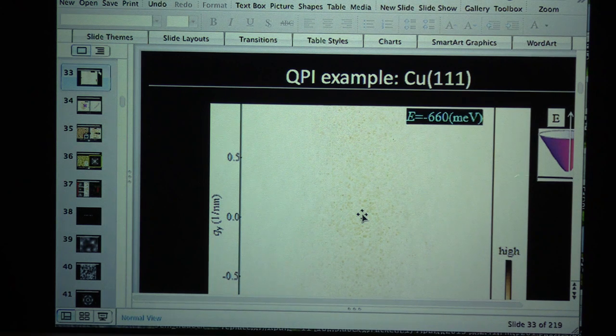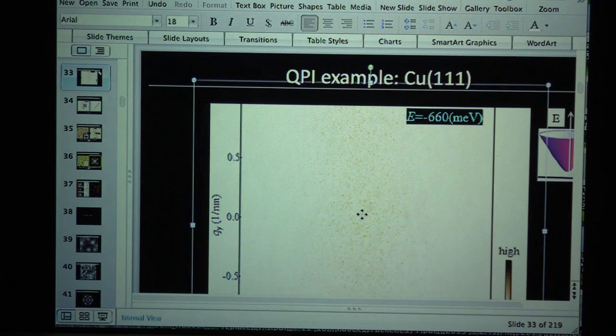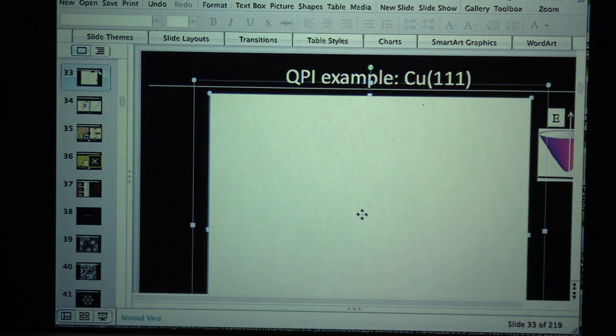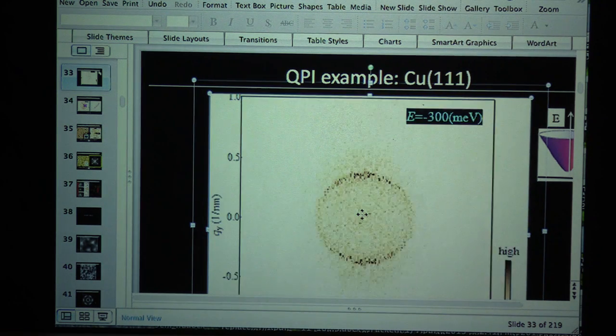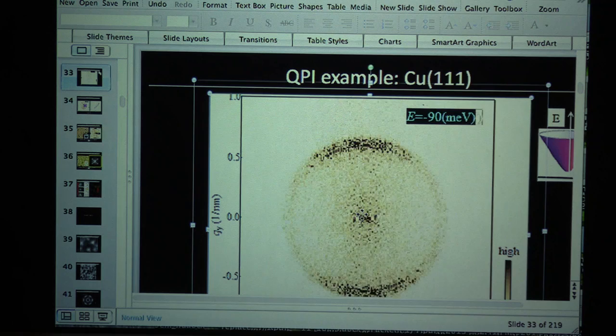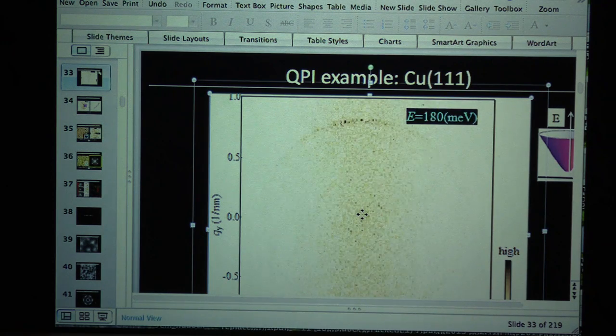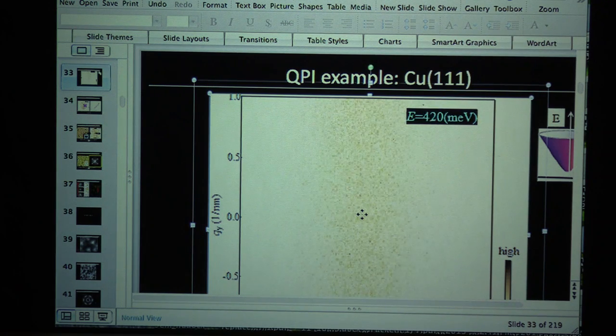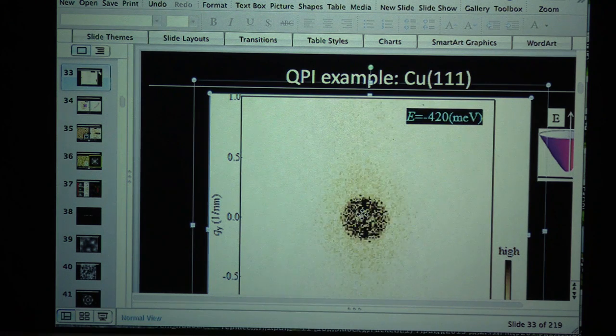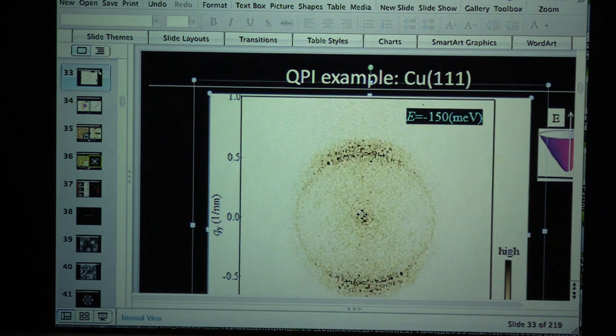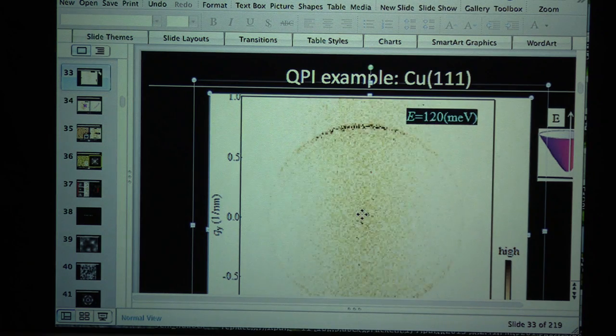Going from the bottom of the band and sweeping up, you should see circles that get bigger and bigger with energy. So you see a circle coming, there it goes. Great.